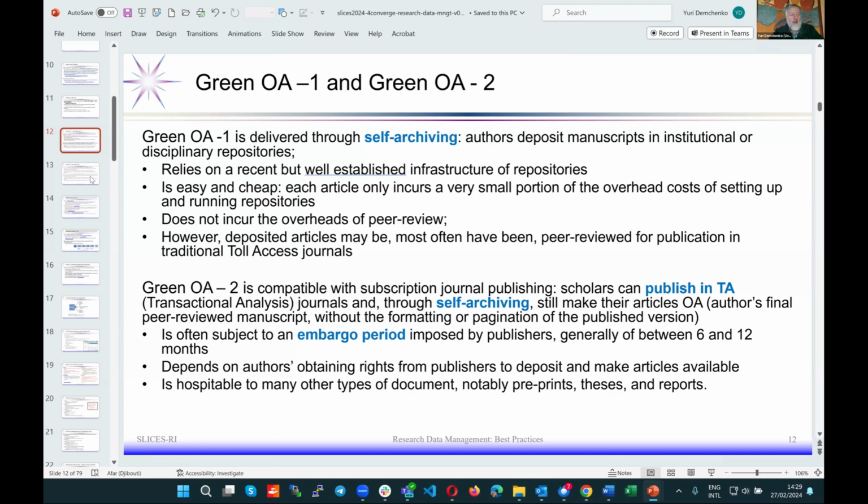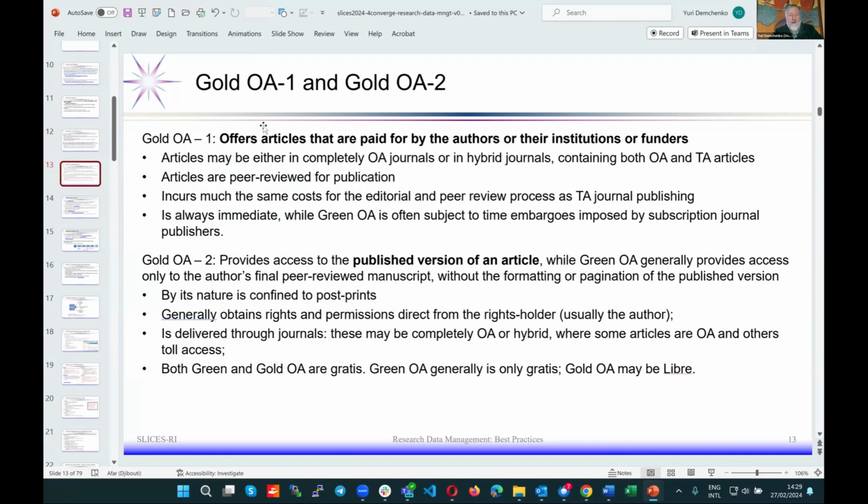So this is a preprint. And gold open access is done on the published or reviewed articles, and all publishing costs are paid by the author's organization.